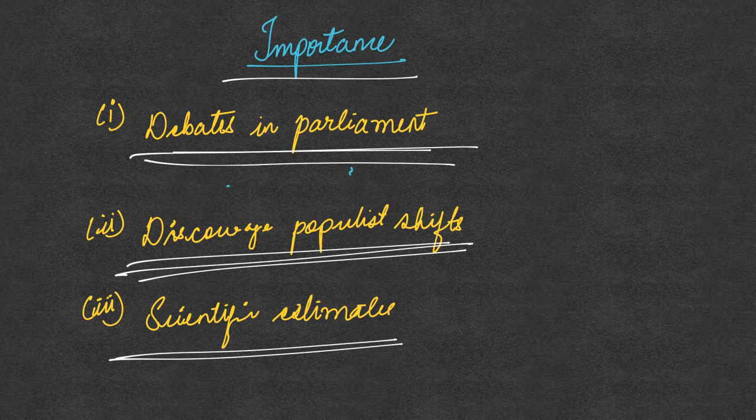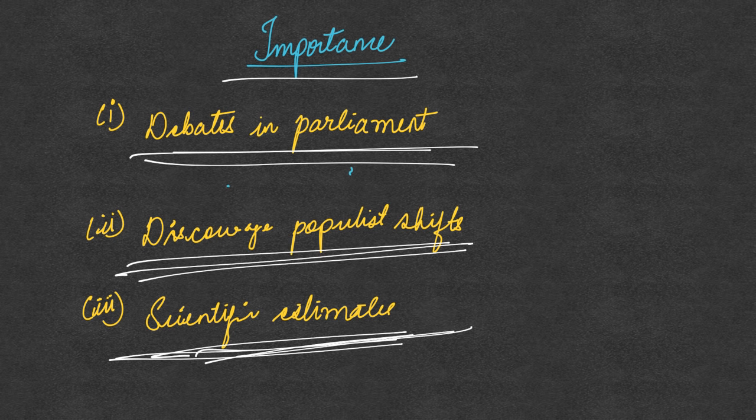Third is, it is also going to give you scientific estimates. Now, regarding the budgetary estimates and what actually happens, there is a lot of divergence. This is because these estimates are not very thorough and not based on thorough analytics. So the independent fiscal council will lead to more precise analysis of the data that is collected from various sources, and of the budgetary estimates regarding the macroeconomic fundamentals or variables.